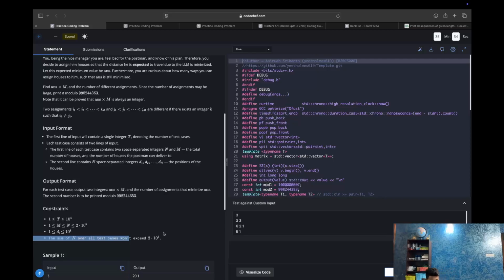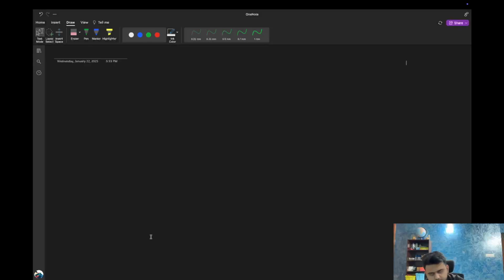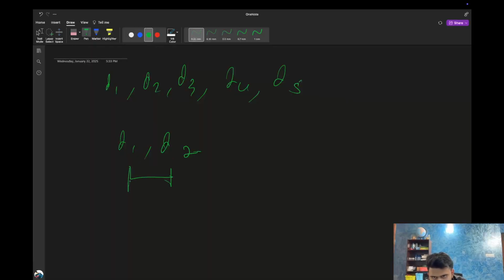Well, at any point you would cover the distance from the smallest to the biggest, but there are some overlaps. This is interesting. So you have d1, d2, d3, d4, d5. Let's consider d1, d2. You always have just this, no matter what permutation, right?